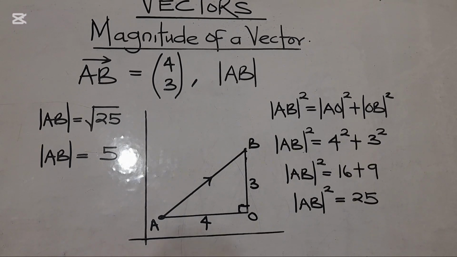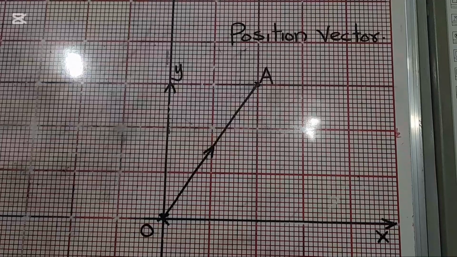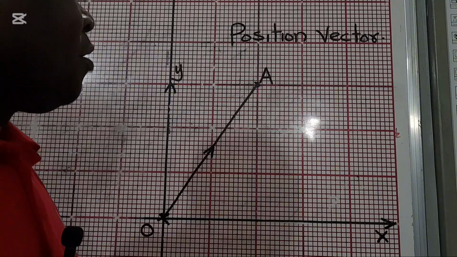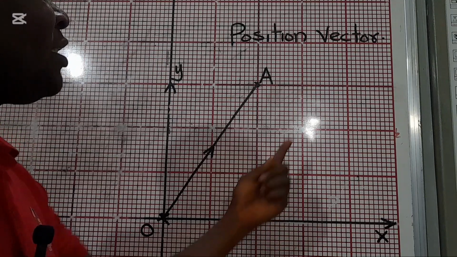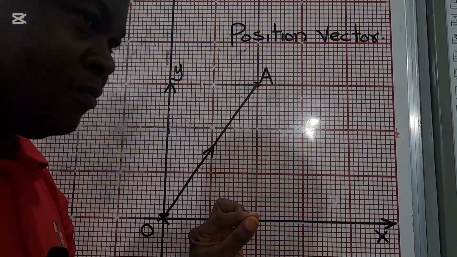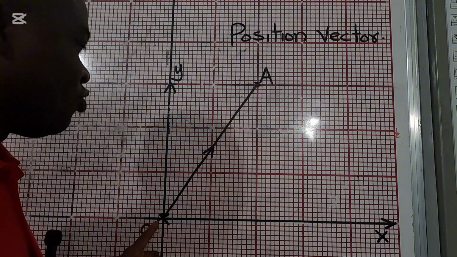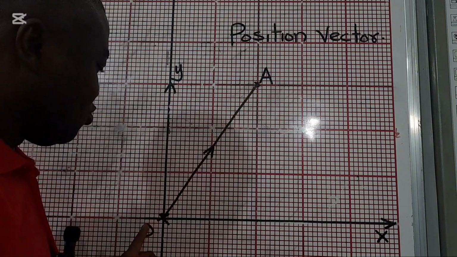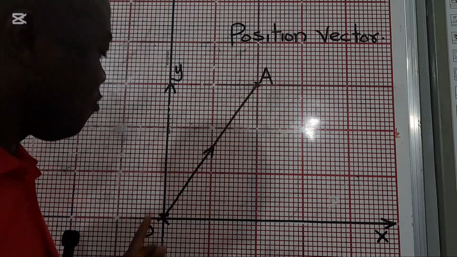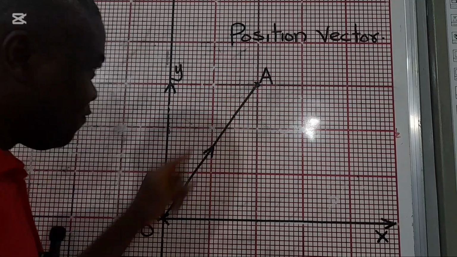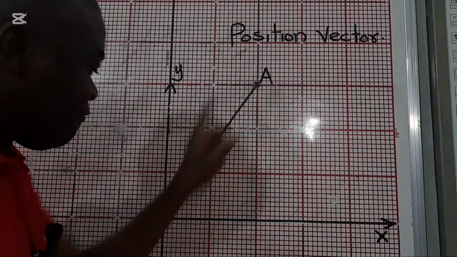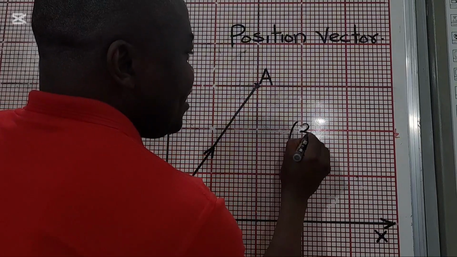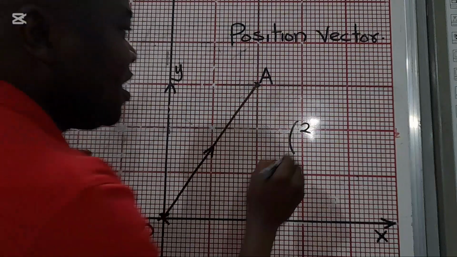Now let's quickly look at position vector. Position vector is simply talking about locating a vector from a reference. Our reference is O at the origin. So if we want to locate this from O, we can say it is OA, from O to A. The position vector of A from O is 2 to the right and 3 up.